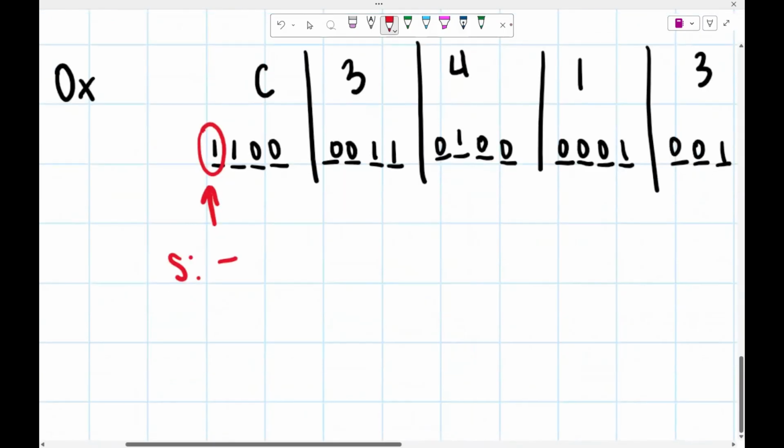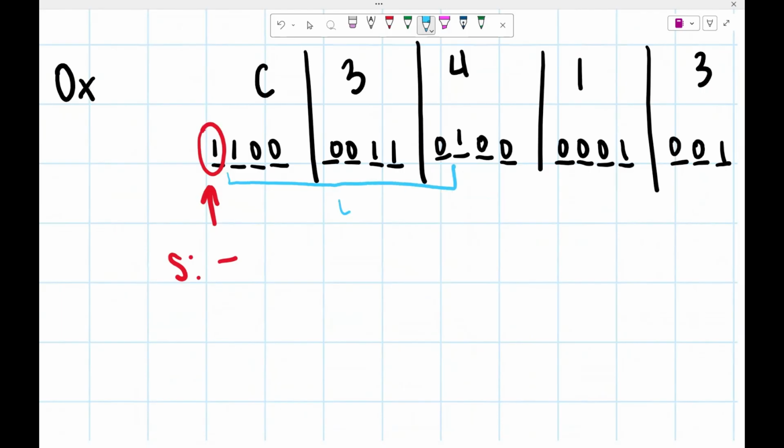All right. And then the next 8 bits, or 1 byte, again, 8 bits is a byte, that's going to represent our exponent. So all of that is our exponent here, and I'll go ahead and just rewrite it again.